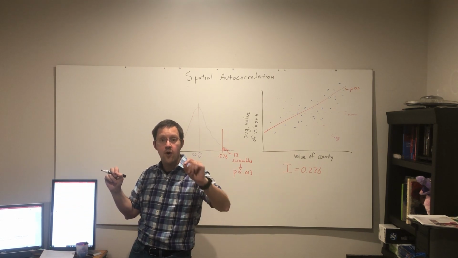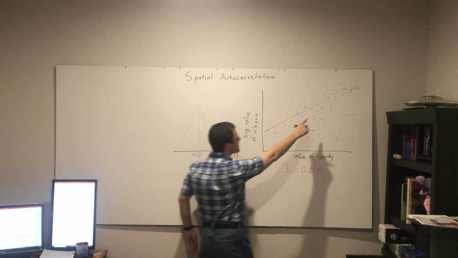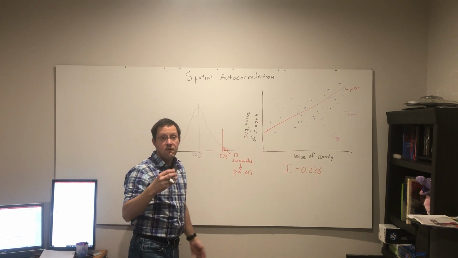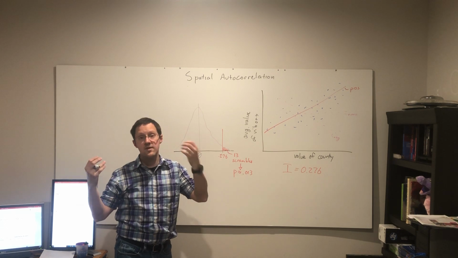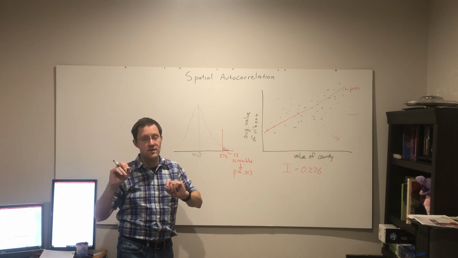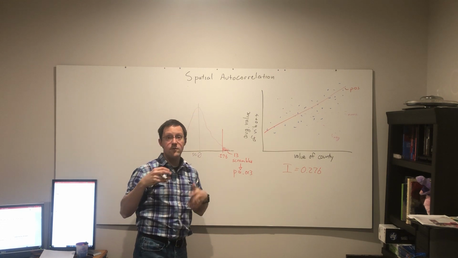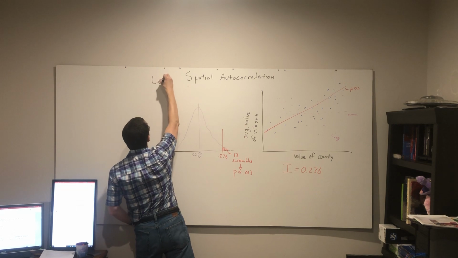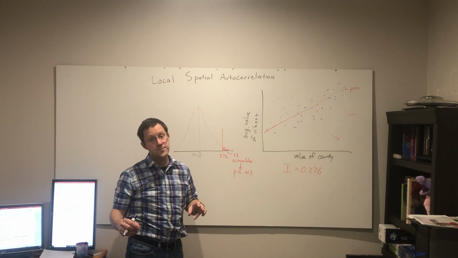If I don't know where the high values are clustered and where the low values are clustered, then I don't have enough information to actually take proper action. So in many cases, this spatial autocorrelation, Moran's I, is followed up with a local spatial autocorrelation.